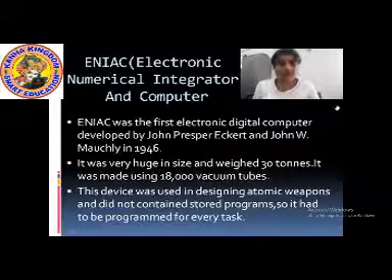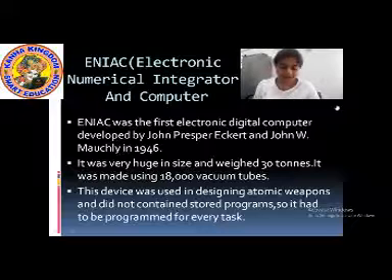Mark 1 was a fully functional computer, but this ENIAC is the first electronic digital computer that was developed by two scientists. The names of those scientists were John Presper Eckert and John W. Mauchly.